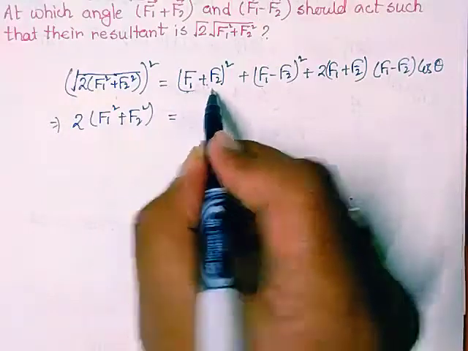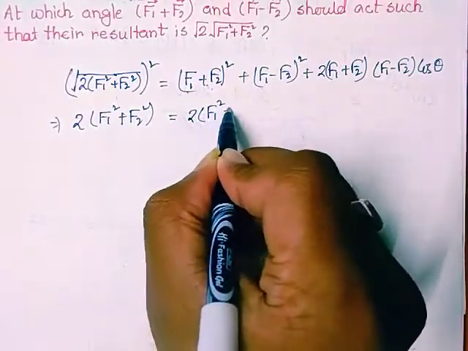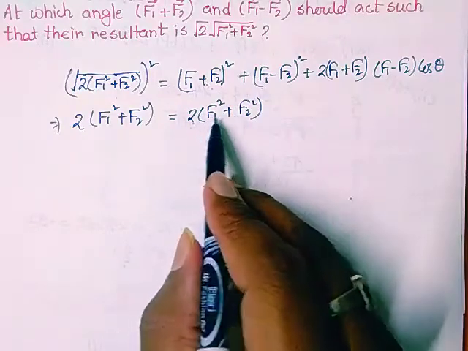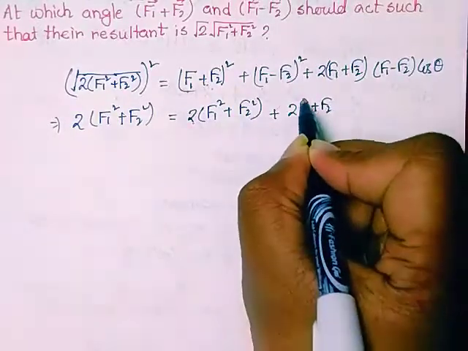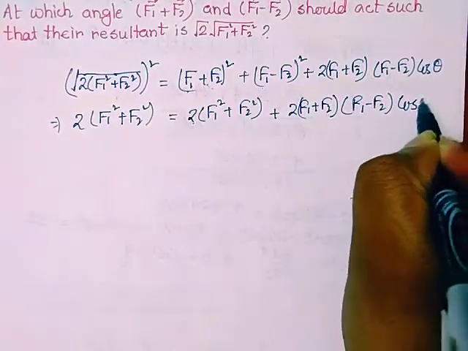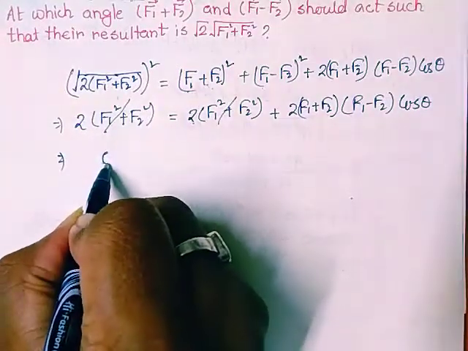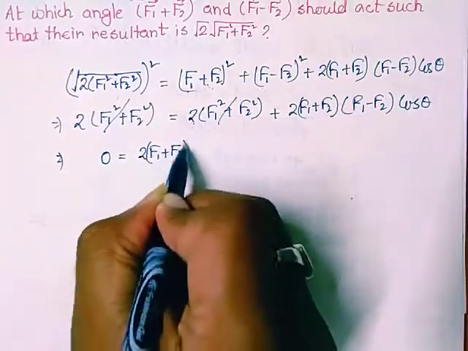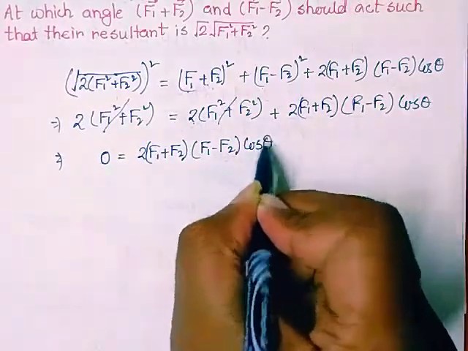So a plus b whole square plus a minus b whole square should be 2 into a square plus b square, plus 2 into f1 plus f2 into f1 minus f2 cos theta. These terms cancel out, so this is basically 0. So 2 into f1 plus f2 into f1 minus f2 into cos theta.